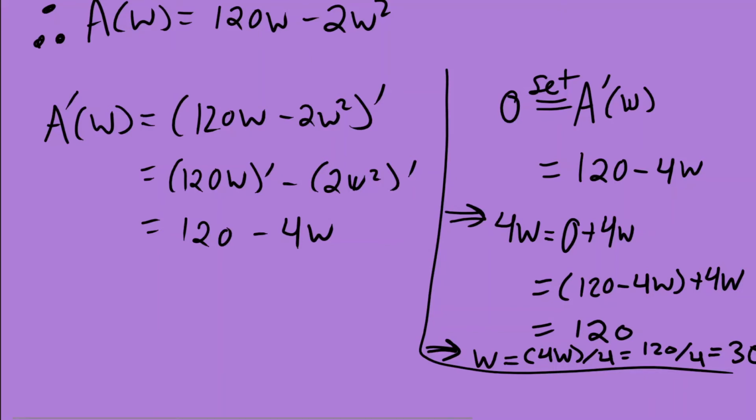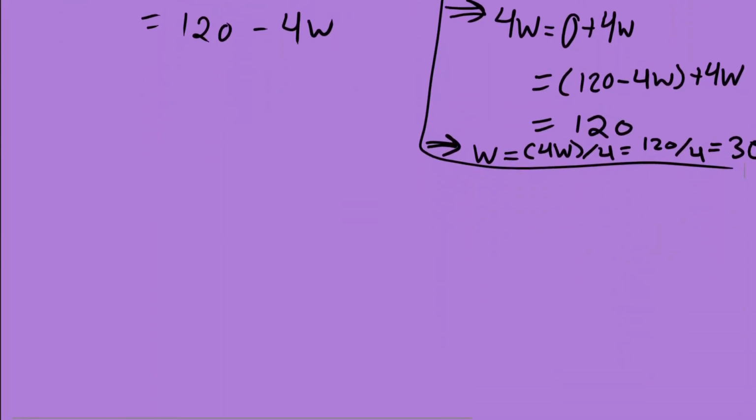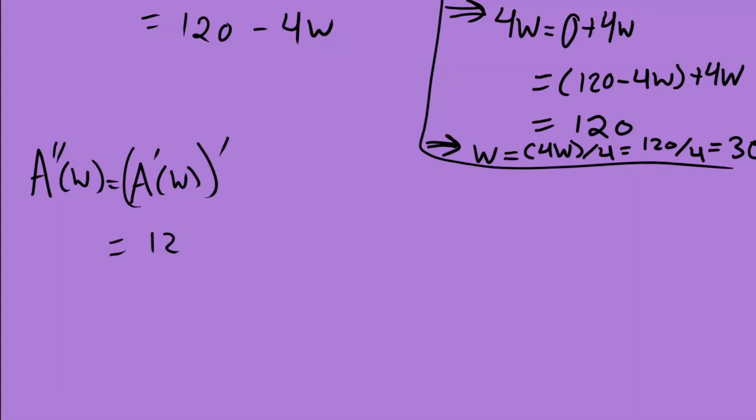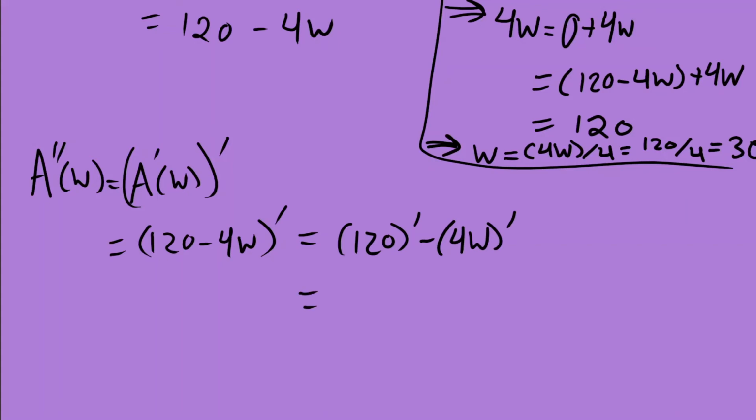Does this W give us a maximum? We can actually check this by taking the second derivative of A of W and then plugging in W equal to 30. The second derivative of A of W is equal to the derivative of the first derivative, which is the derivative of 120 minus 4W, that is 0 minus 4, that is negative 4.